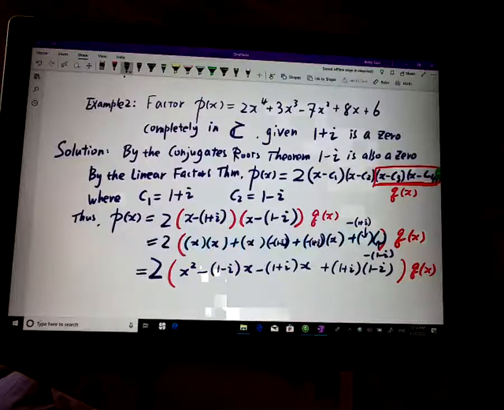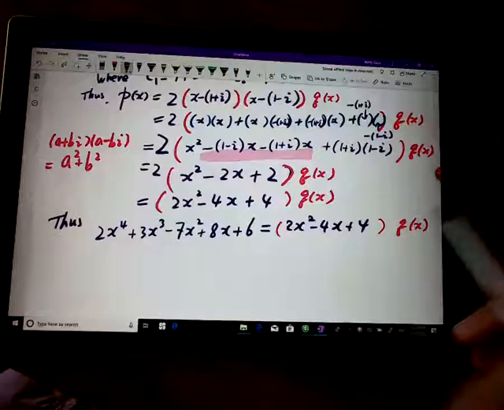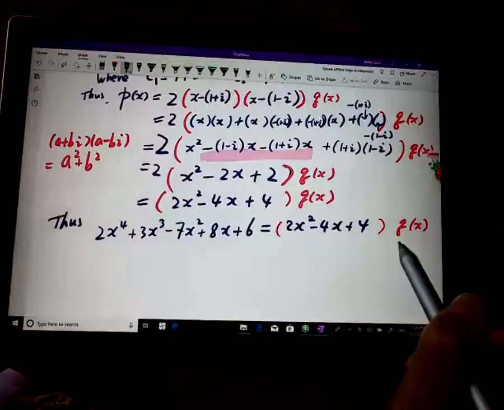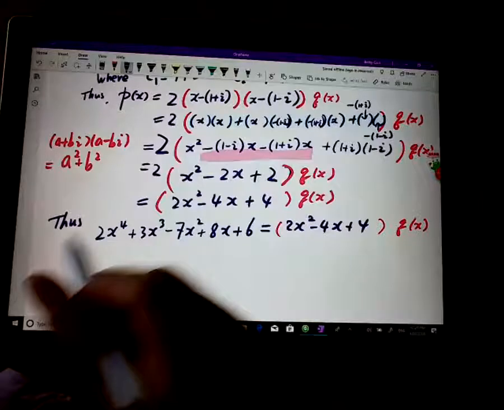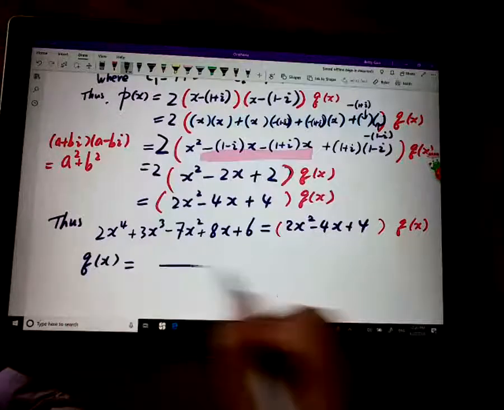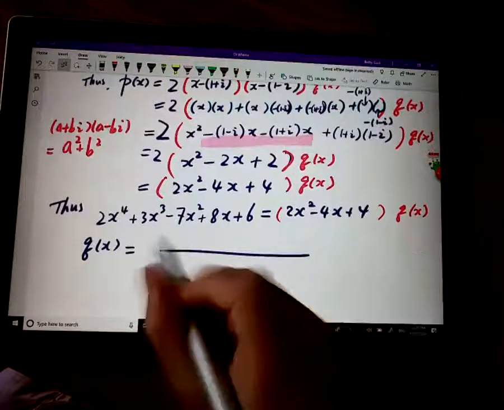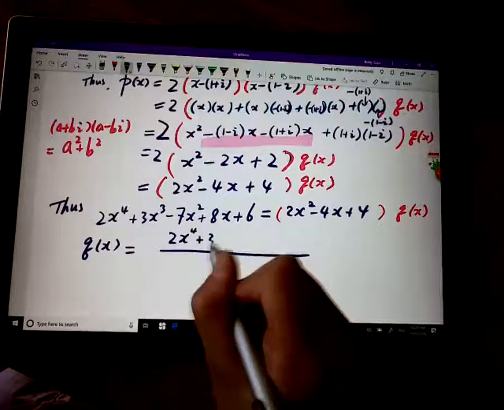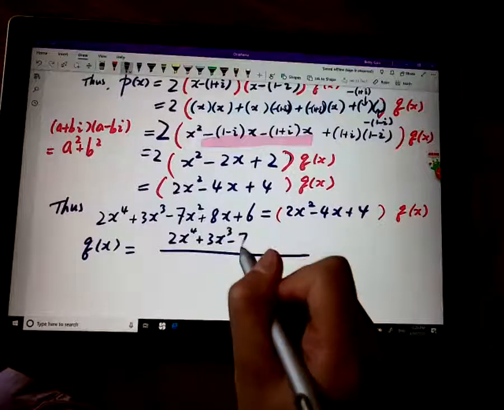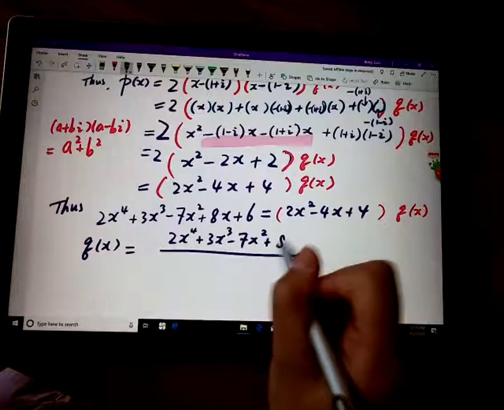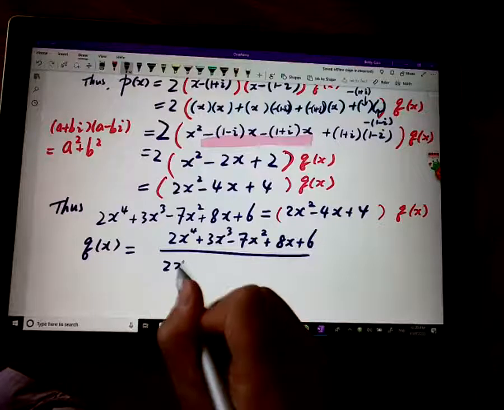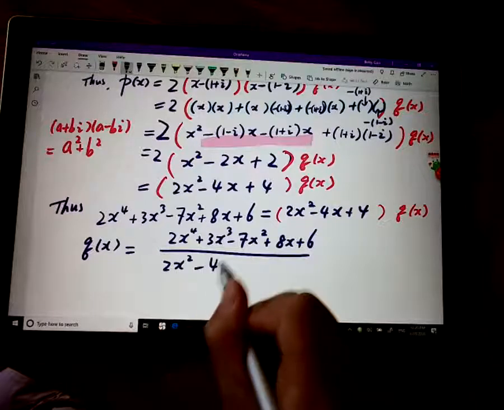Continue. Copy 2. If we divide both sides by this polynomial, we would have Q of x. In other words, Q of x is the quotient of P of x, which is 2x to the 4th minus 3x cubed minus 7x squared plus 8x plus 6, divided by 2x squared minus 4x plus 4.